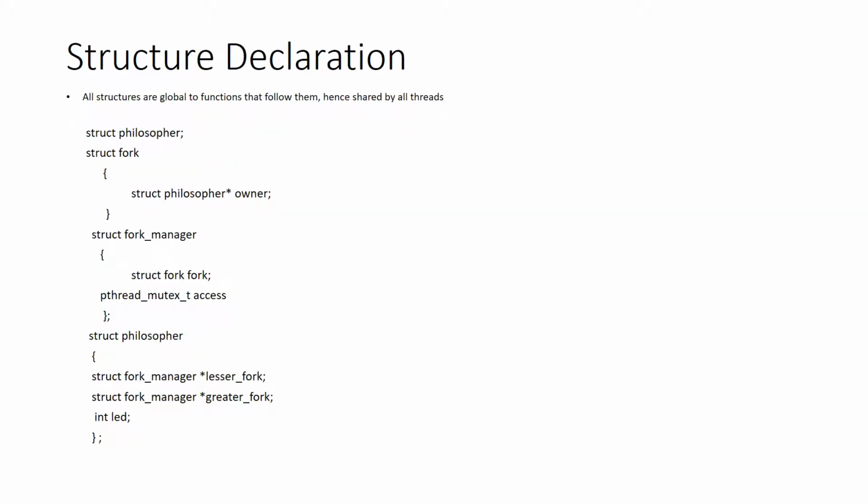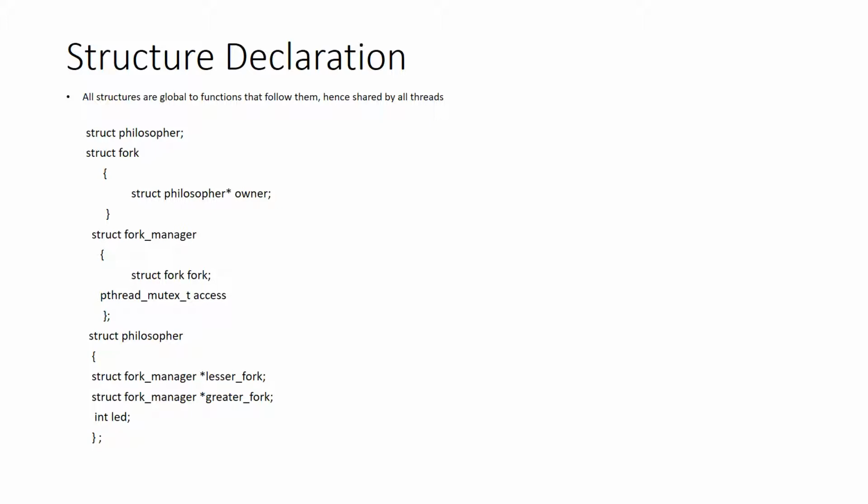Here we show the structures that are involved in the implementation. The structure philosopher is declared first, but defined a little bit later, so it can be accessed here. The fork, the resource itself, is a structure with one member, a pointer to the philosopher that currently owns or uses the fork.